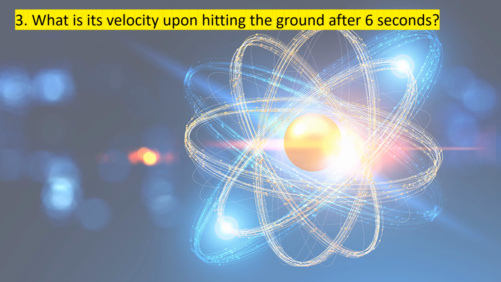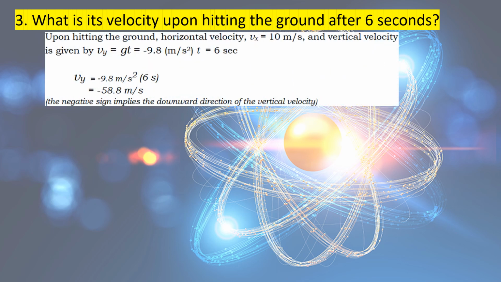Question number 3. What is its velocity upon hitting the ground after 6 seconds? Upon hitting the ground, the horizontal velocity Vx is equal to 10 meters per second, and the vertical velocity is given by Vy equals gt.